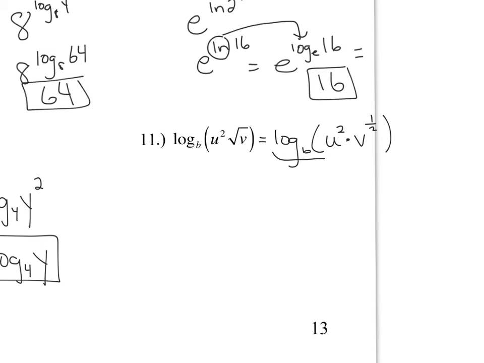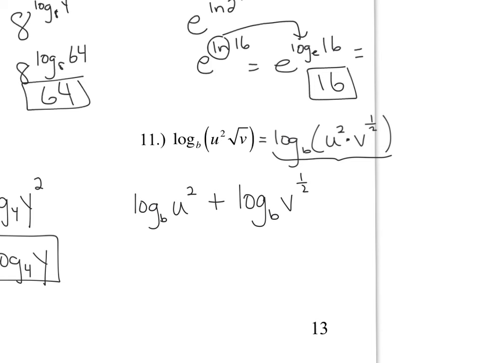So now I'm going to expand this. I have multiplication, u squared times v to the 1/2. So I'm going to use my product property, and that means that I'm going to expand it out using addition. So you have log base b of u squared plus log base b of v to the 1/2.